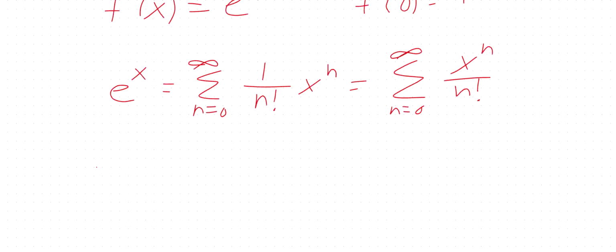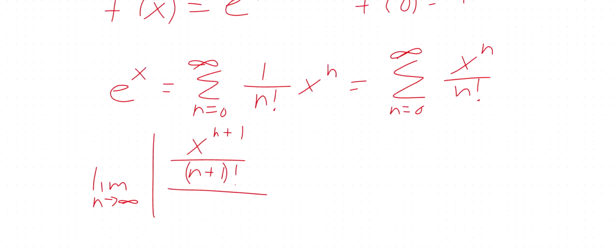So we're going to do a ratio test. We need that whole n plus 1 to have the factorial applied to it, doing our division.